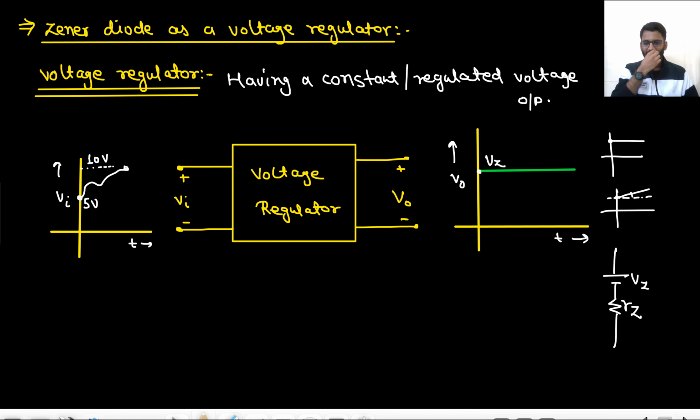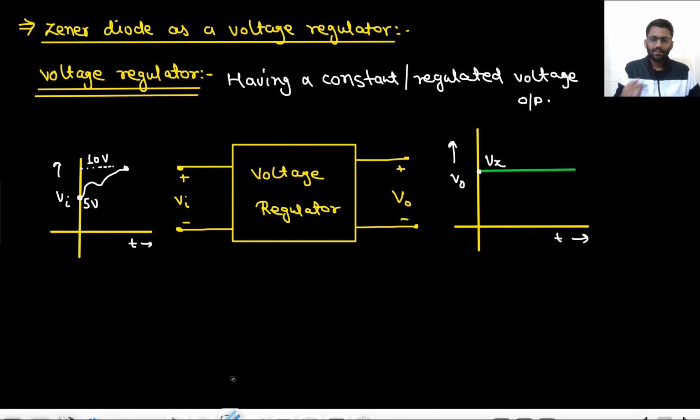The x-axis can be anything. It can be current as well, it can be time as well. You just need a constant voltage at the output. This is what you need.